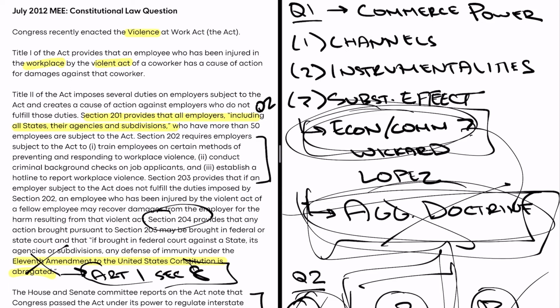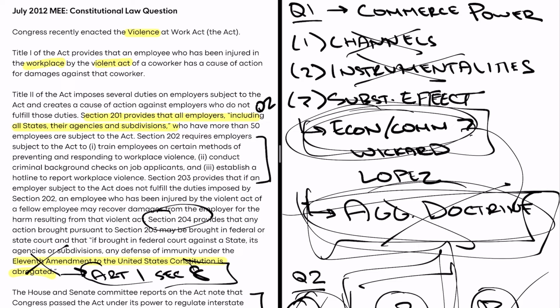So we look at our 3 prongs. We know that if we're trying to decide whether a federal law is within Congress's power under the Commerce Clause, a federal law regulating interstate commerce must either regulate the channels of interstate commerce, the instrumentalities of interstate commerce, or activities that have a substantial effect on interstate commerce. It was pretty clear here that Congress wasn't regulating the channels or instrumentalities of interstate commerce, right?